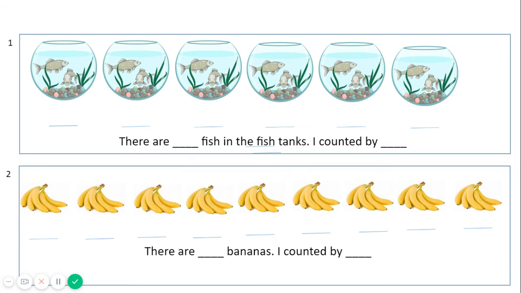Also, I want you to answer using the sentence stems. There are blank fish in the fish tanks. I counted by. How did you count? By 1's, by 2's, by 5's? And also, you have the other sentence stem that says there are blank bananas. I counted by, again, by 2's, by 5's, by 10's, by 1's.